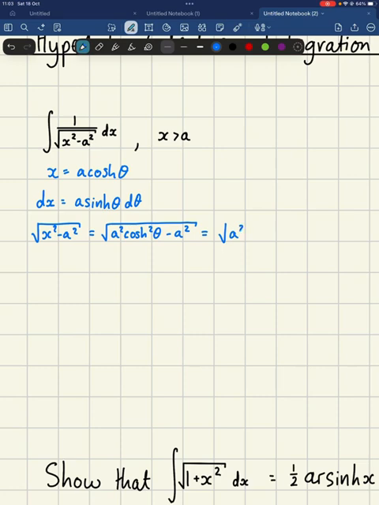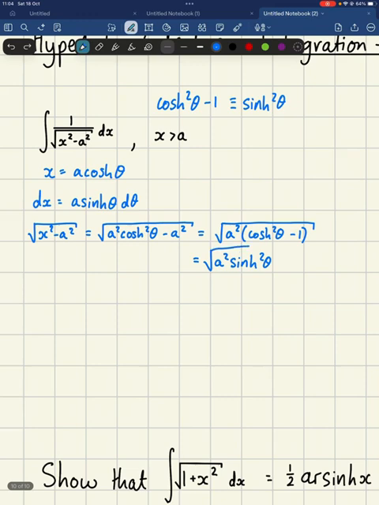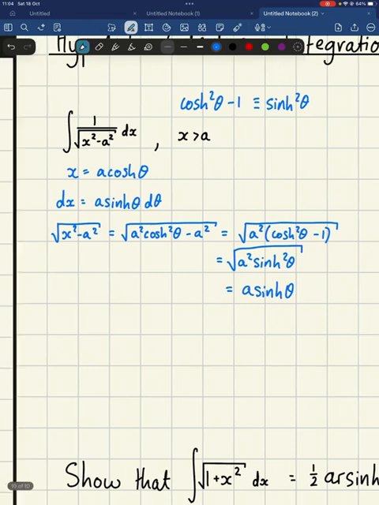We factor out a squared, so we get the square root of a squared into cosh squared theta minus 1. We know our identity is cosh squared theta minus 1 is sinh squared theta. So we can substitute sinh squared theta there, so that becomes the square root of a squared sinh squared theta, which is just a sinh theta.